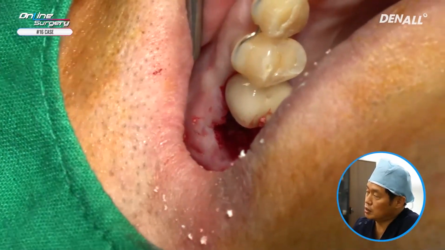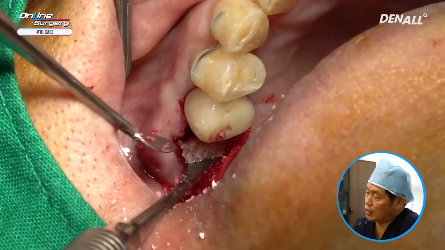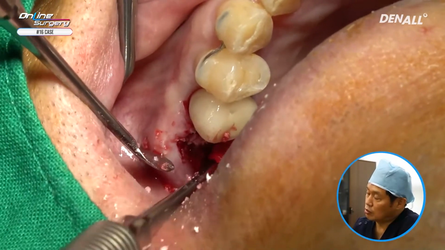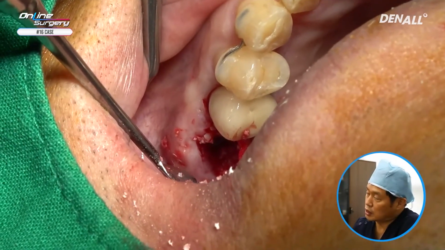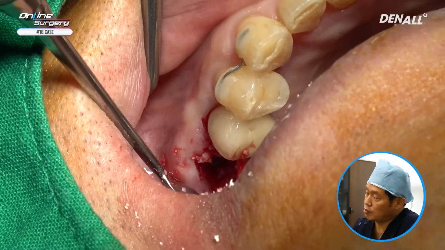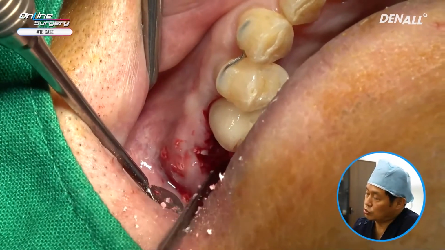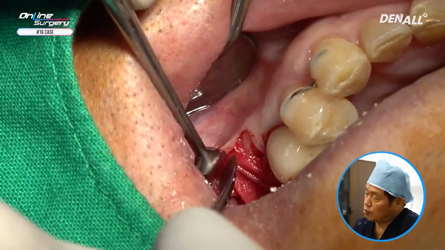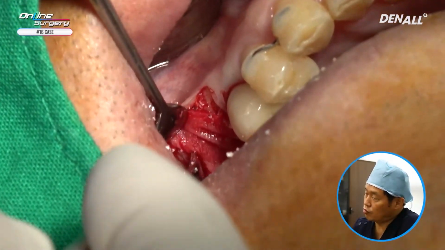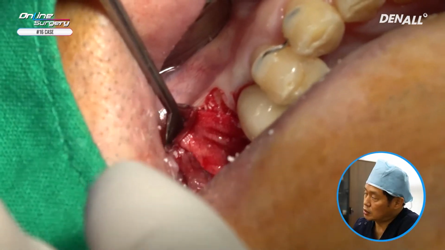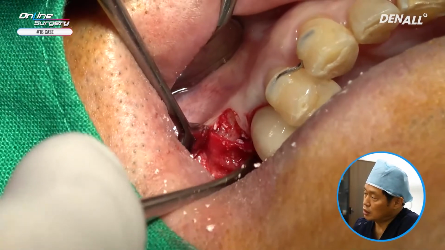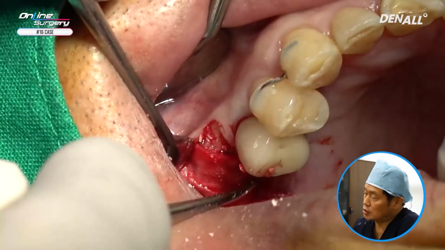Actually, I didn't really reflect the flap on the buccal side. As shown, Os Builder is placed, and on top of the fixture, bovine bone is placed. After that, on the buccal side, below the flap, OssGuide is placed to do GBR. Collagen membrane is used.